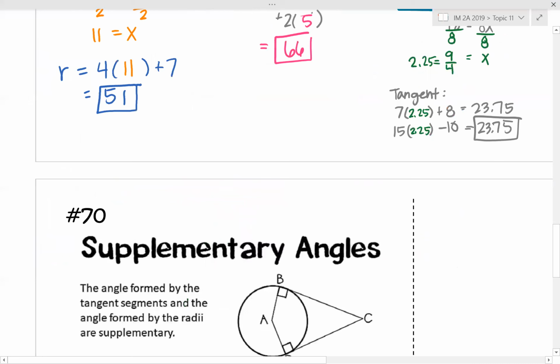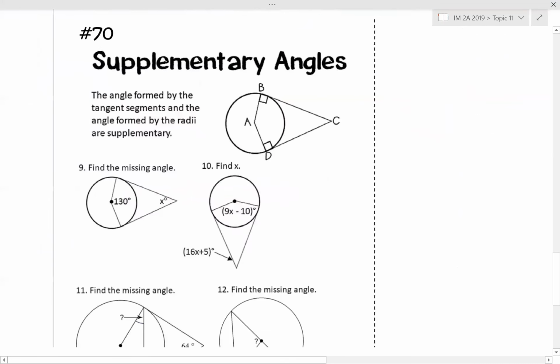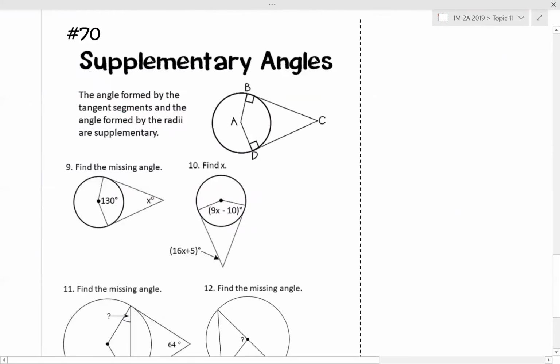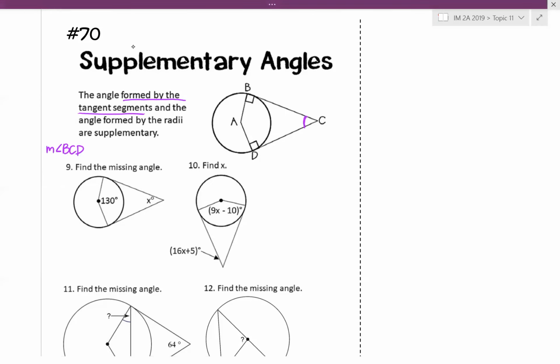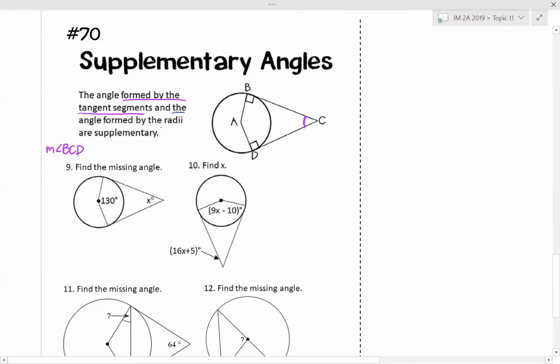Okay, so the last page for this topic is 70, and so this has to do with supplementary angles. So the angles formed by the tangent segments, which is this angle here, so this is angle BCD, and the angle formed by the radii, which is this angle here, that's angle BAD.